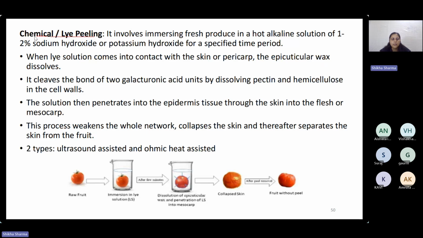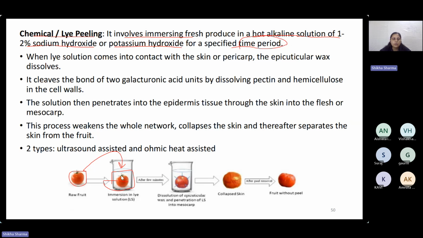We have another method like chemical peeling or lye peeling. It involves immersion. If we have any fruit, we should immerse it into a lye solution, which is a hot alkaline solution of 1 to 2% sodium hydroxide or potassium hydroxide, for a specific amount of time.